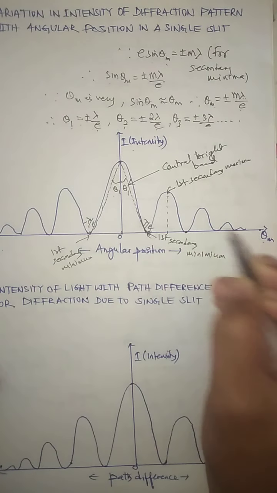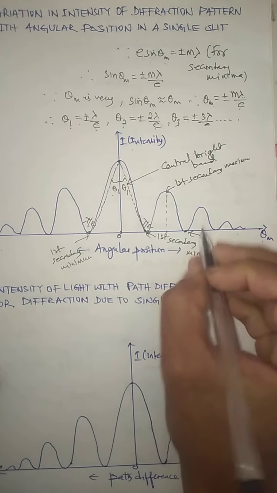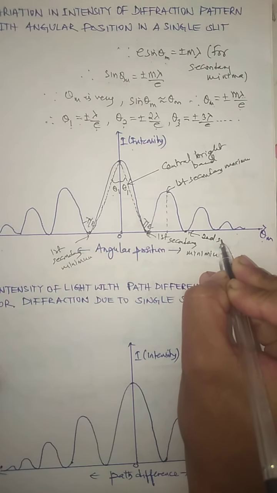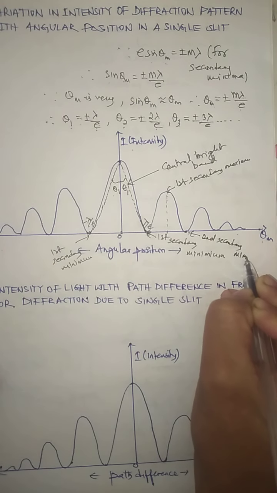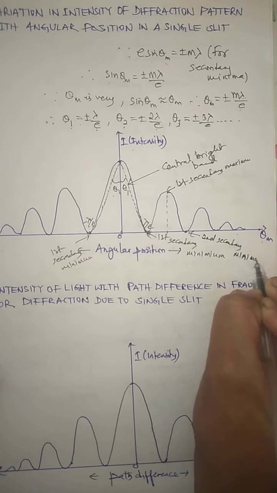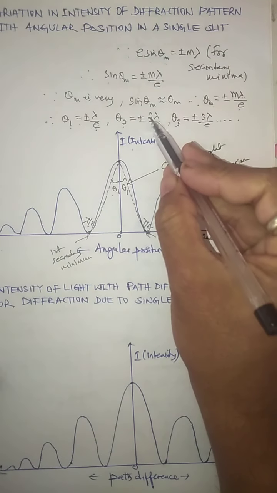Then this minimum is called the second secondary minimum, and it is given by 2 lambda by e.